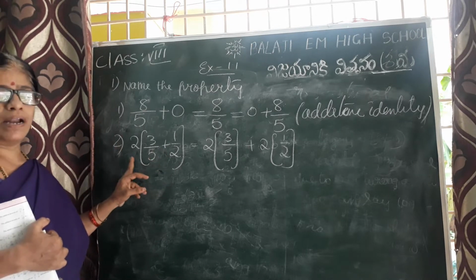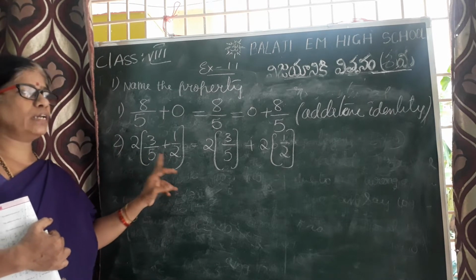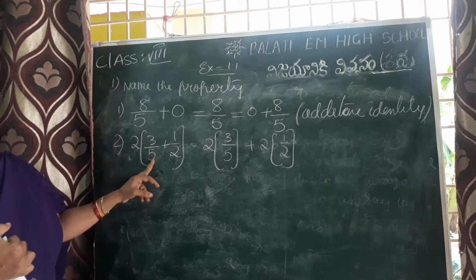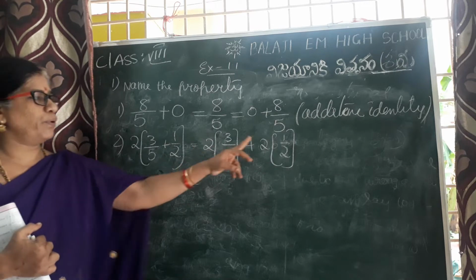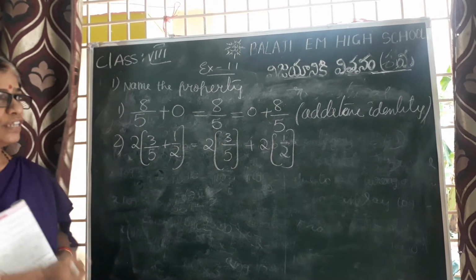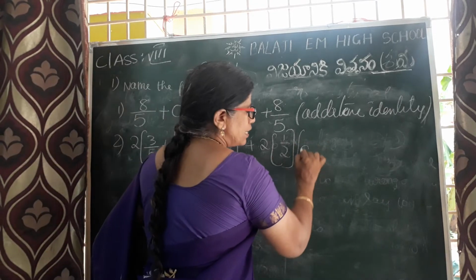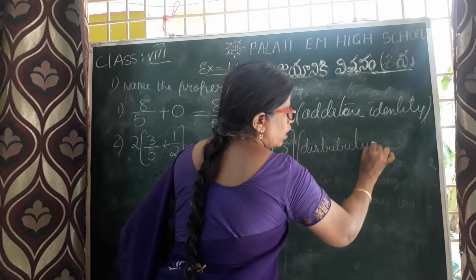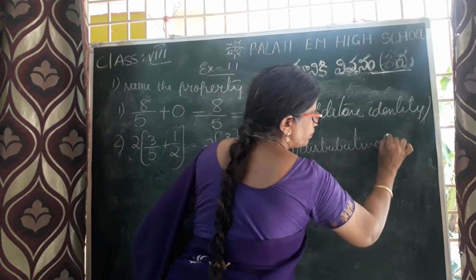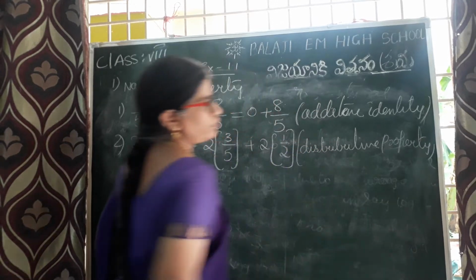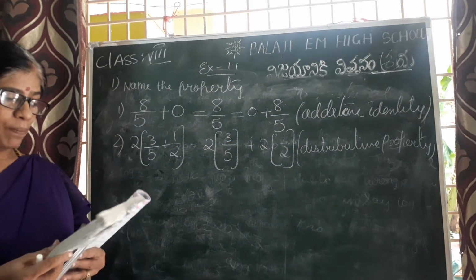Whenever you have multiplication and addition, both the binary operations, 2 into 3 by 5 and 2 into 1 by 2 is distributed. This multiplication is distributed over addition. Therefore, we call it a distributive property. The second one is a distributive property.